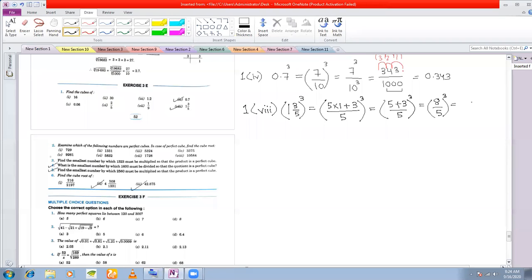Okay, and you know the cube of 8, right? This has 8 cube by 5 cube. You know the cube of 8 as 512 and 5 cube is 125. Okay, so this is your answer.